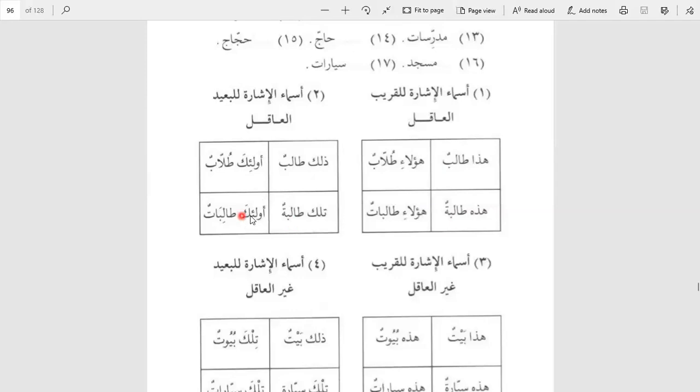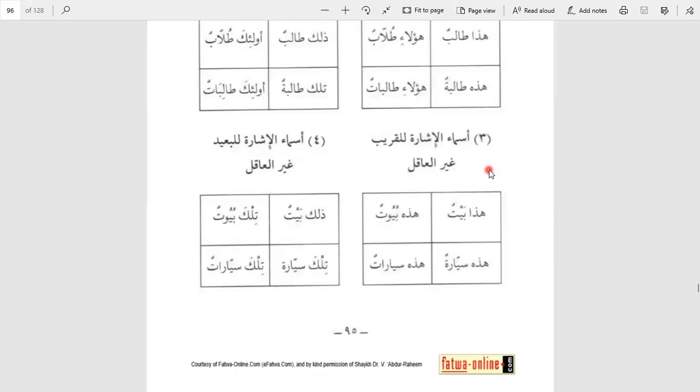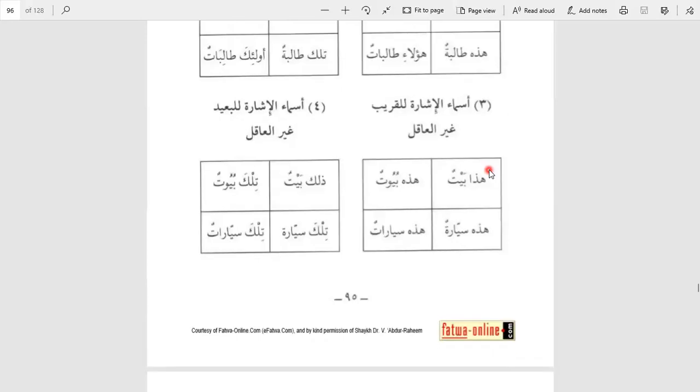So take note of the differences and the similarities here. تلك وذلك, أولئك وأولئك same. هؤلاء هذه هذا. This is the same. So it's the same concept. We mentioned that كل جمع مؤنث. Let's look at that. هذا بيت هذه بيوت. كل جمع مؤنث. هذه سيارة هذه سيارات. Because سيارات is plural for سيارة and كل جمع مؤنث we use هذه, both are feminine. تلك سيارة تلك سيارات, both are feminine.